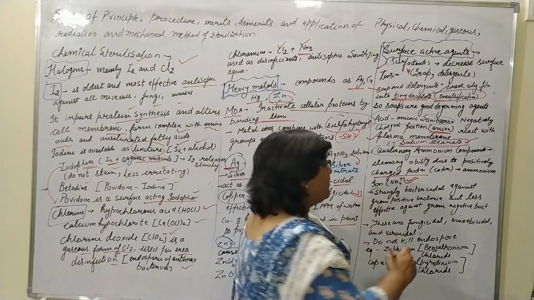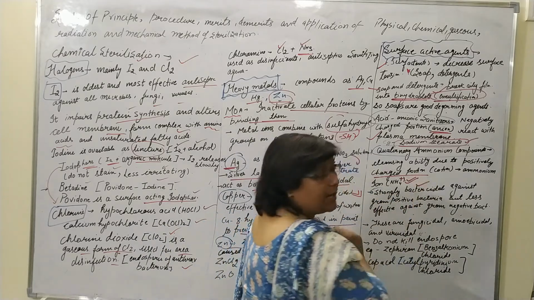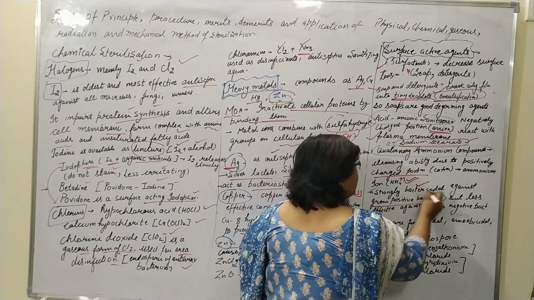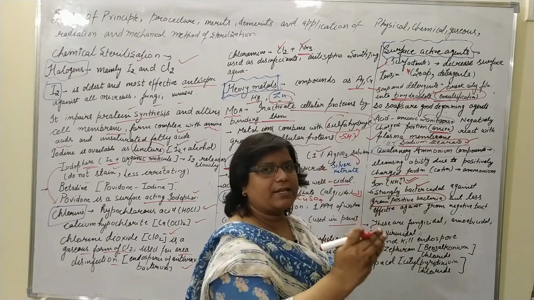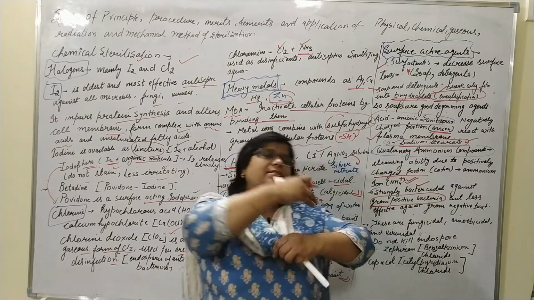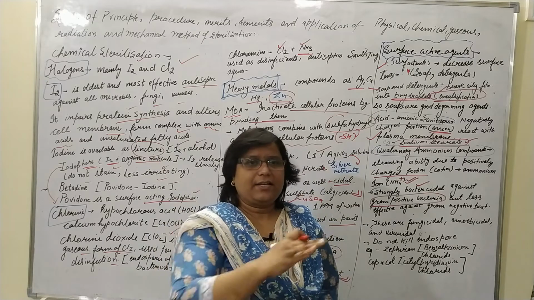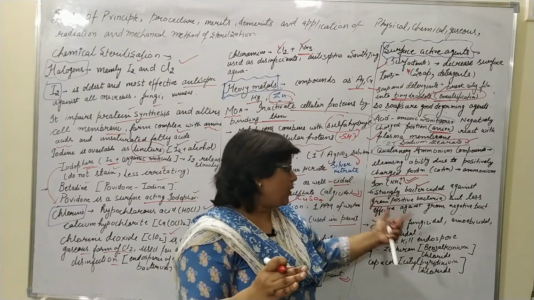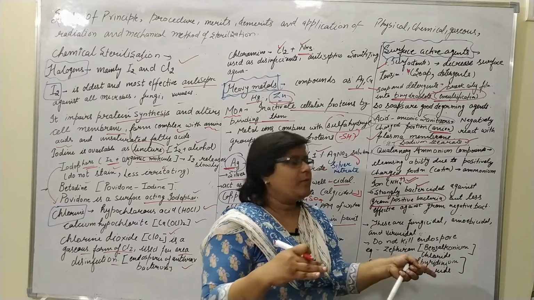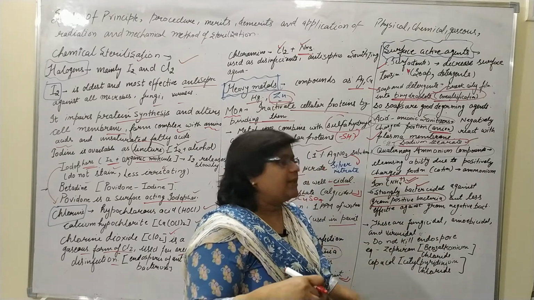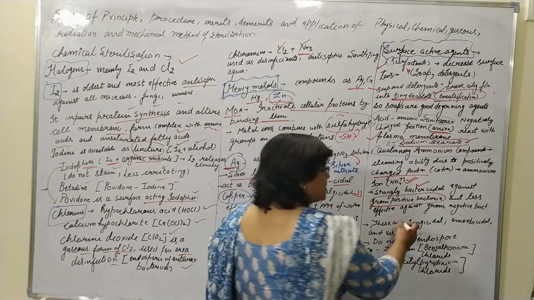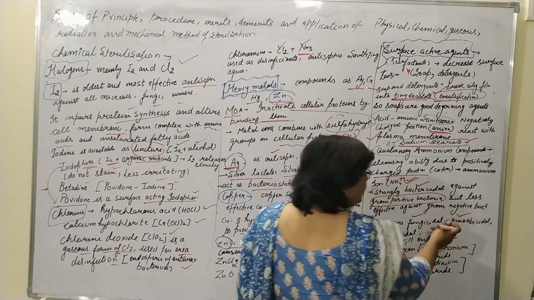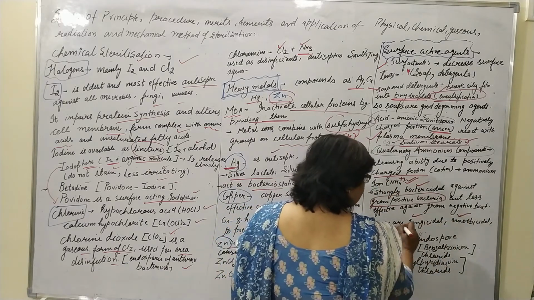They have strongly bactericidal action against gram positive bacteria, because the gram positive bacterial membrane has the ability to bind with these groups, but they are less effective against gram negative bacteria. They are fungicidal, killing fungus, amoebocidal, killing amoeba, and they kill viruses as well.